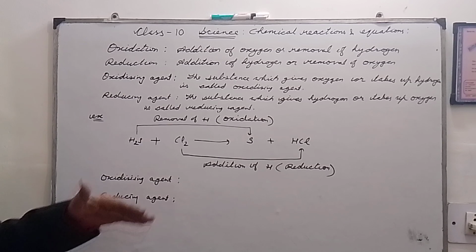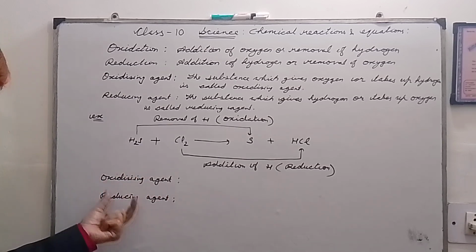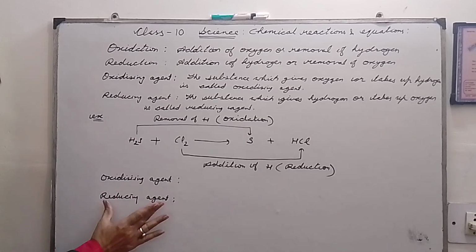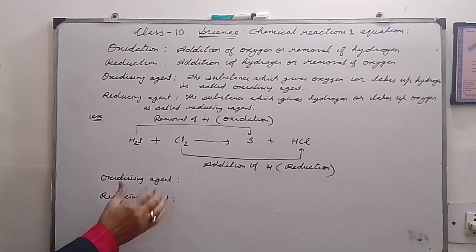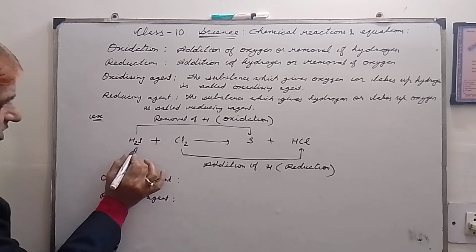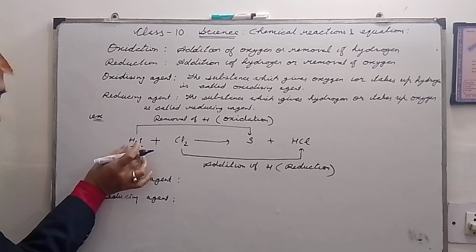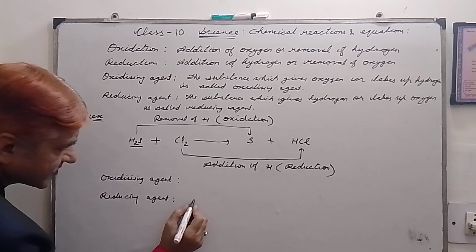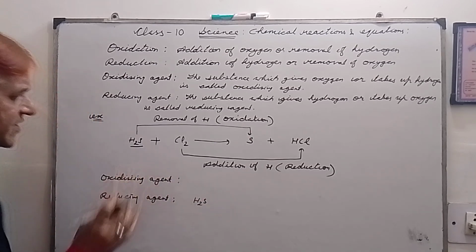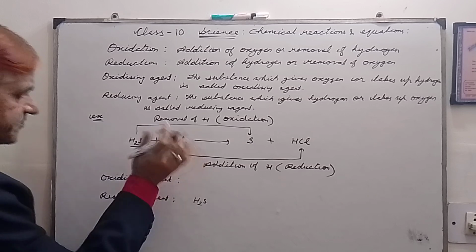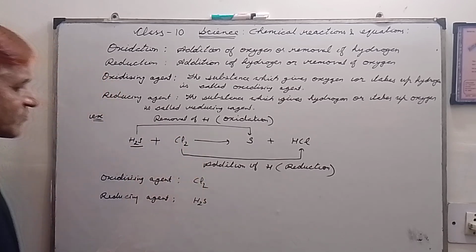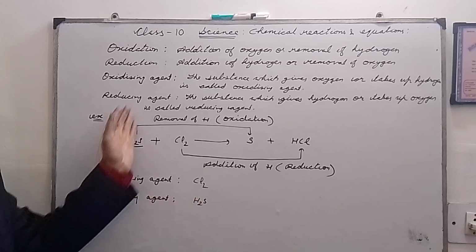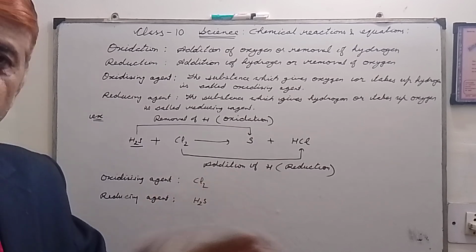So the simple way to know reducing agent and oxidizing agent, it is convenient if you write reducing agent here first, because reducing agent is that substance which gives hydrogen. So H2S, hydrogen is with H2S. So this is reducing agent. So H2S is reducing agent, and obviously oxidizing agent will be Cl2. Once we locate oxidizing agent or reducing agent, obviously the second will be the opposite of that.